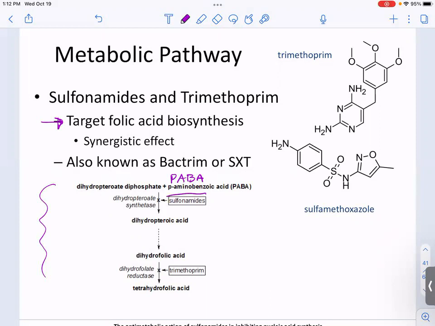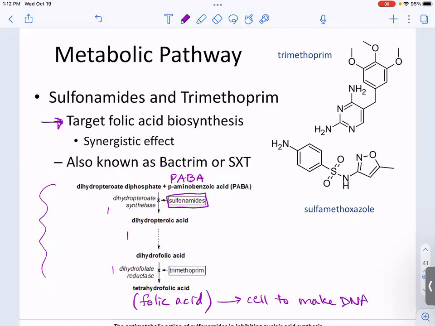The sulfonamides act by inhibiting the first enzyme in this pathway. There's 1, 2, 3 different enzymes where you end up with tetrahydrofolic acid, which is essentially folic acid. And folic acid is necessary for the cell to make DNA.